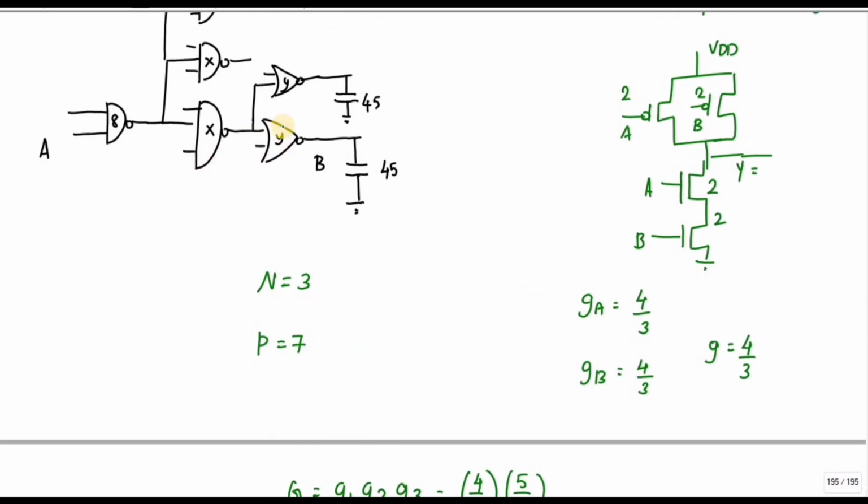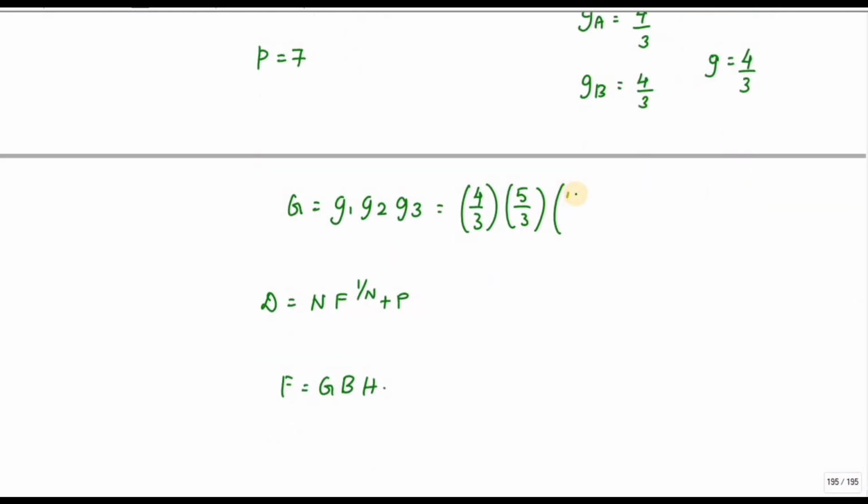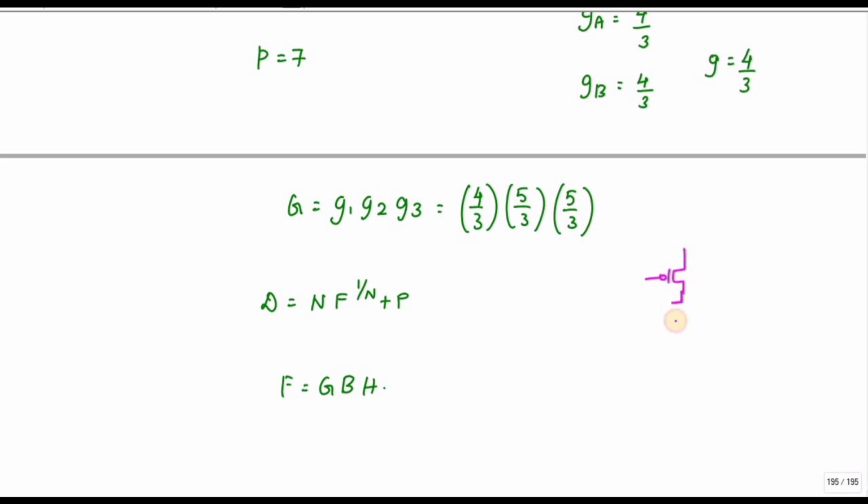Similarly, for the 2-input NOR gate, it is 5 by 3. How? For a NOR gate, you have 2 PMOS connected in series and 2 NMOS connected in parallel. So this is 1 and this becomes 4.